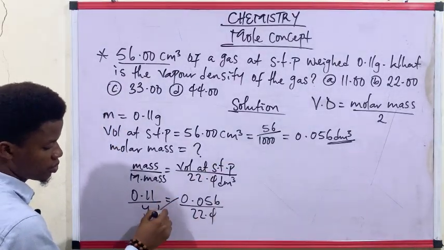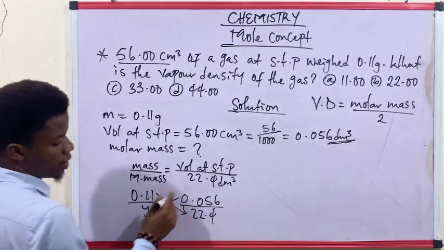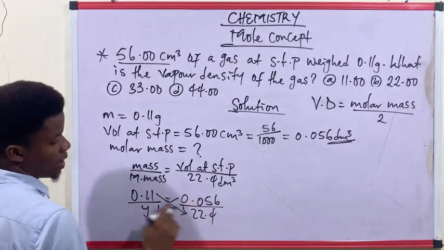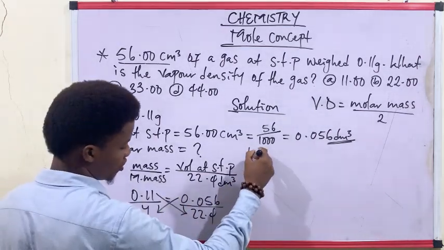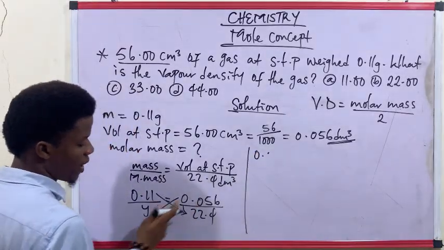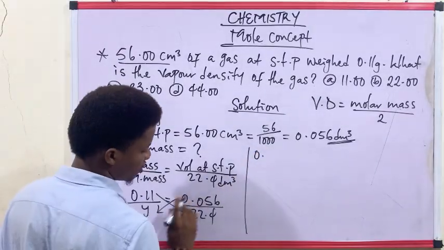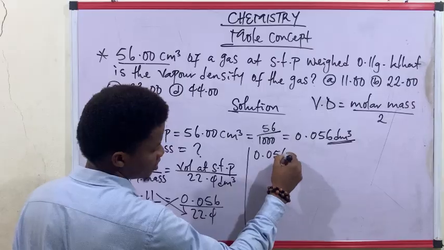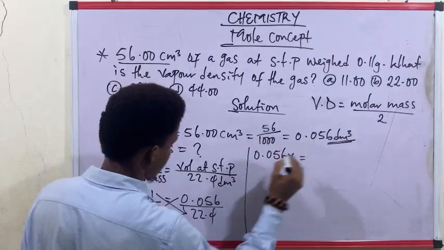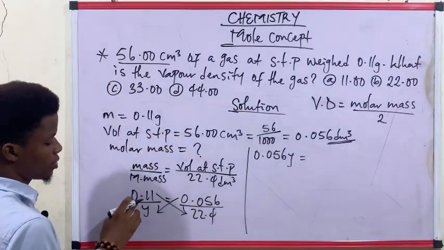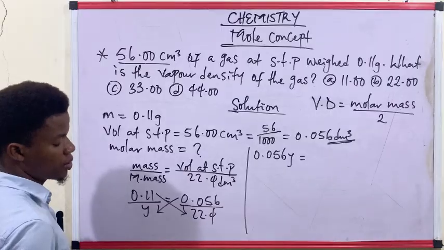So this will simply cross multiply, and then we have 0.056 times y, which gives us 0.056y, which is equal to 0.11 times 22.4.